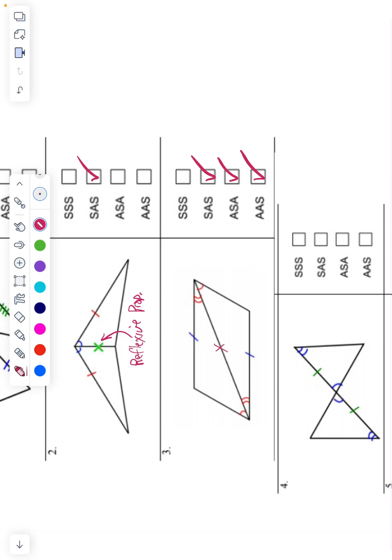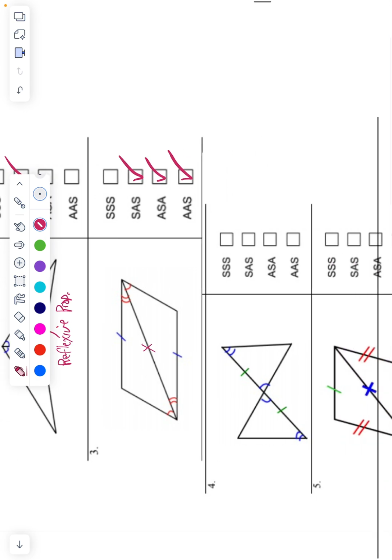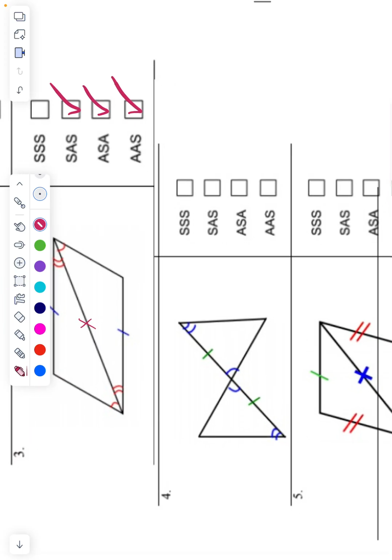And I want you to take note of this one because this is often an option for you, where maybe one person is able to prove it with side, angle, side, but a different person sees this and can prove it with angle, side, angle, and it's fine. It doesn't have to be done one specific way sometimes. Sometimes there are options. So keep your eye out for those options and make sure that you don't lock yourself into one version.